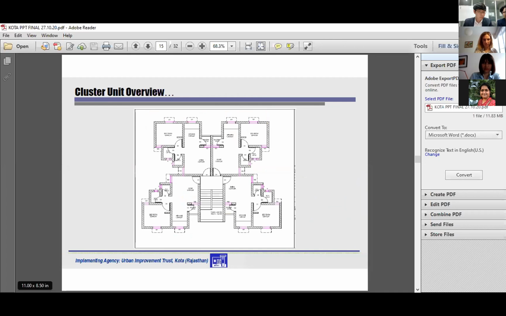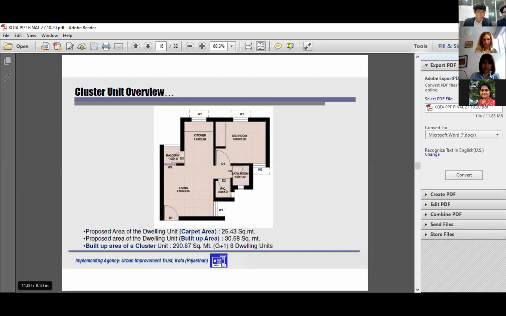Each building is G plus 1 storey. On each floor there are four flats, and each flat has a carpet area of 25 square meters and a built up area of 30 square meters. It consists of 1 bedroom, living room, kitchen, balcony, bathroom, and water closet.